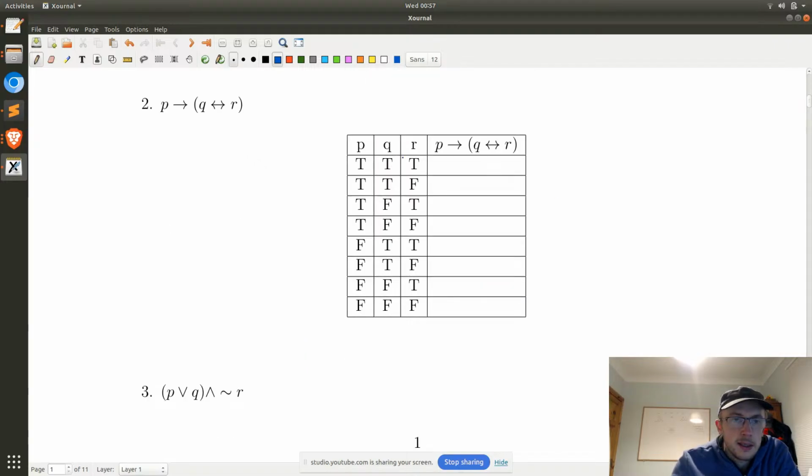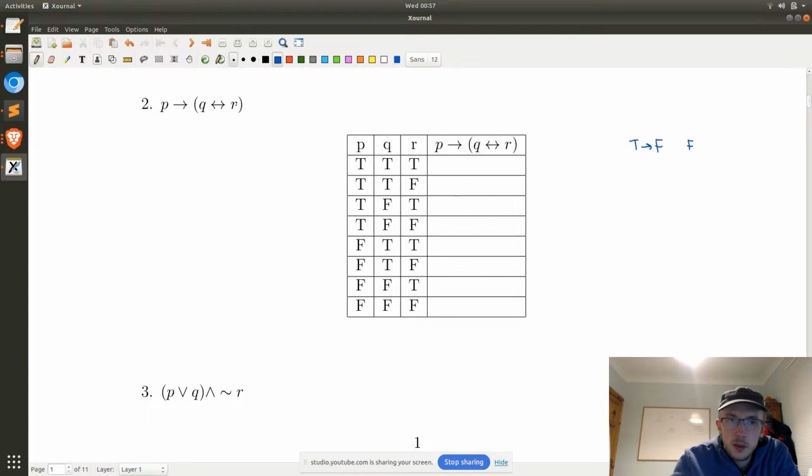All right. P implies that Q implies R. Okay, so what I'm really looking for is the only exception in implication is this one. Otherwise, it's always true, right?